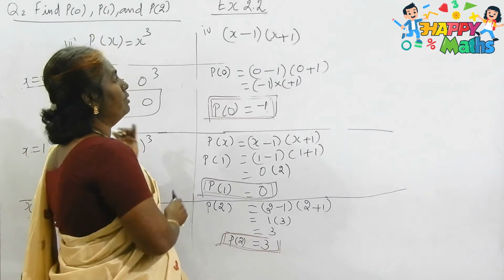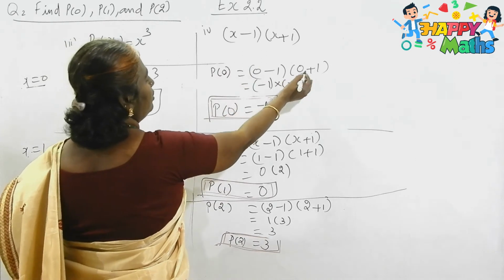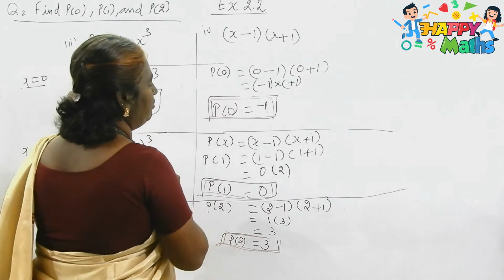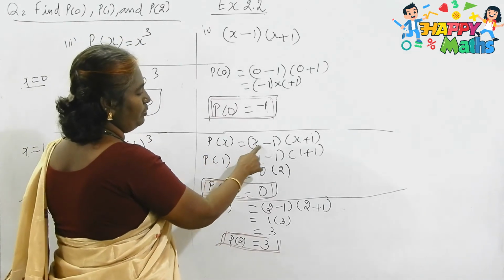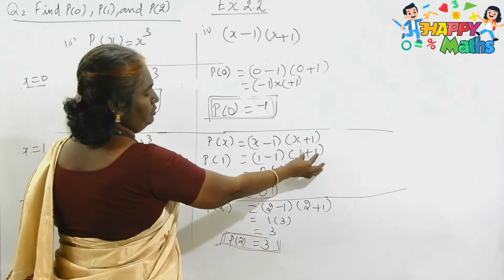Now it is very simple. In the place of x equal to 0, I have written 0 minus 1, 0 plus 1. So it is minus 1 plus 1. When I multiply, I am getting minus 1. See here, when I substitute 1, then this is 1 minus 1, this is 1 plus 1, and 1 minus 1 gives 0.